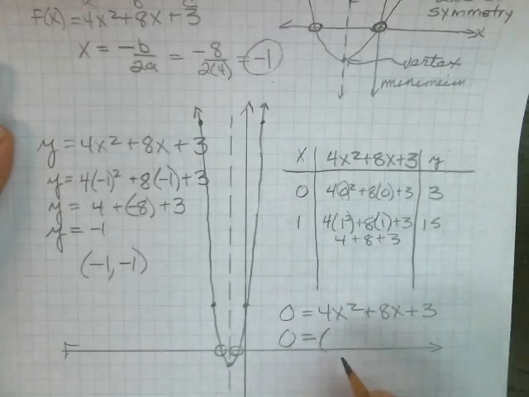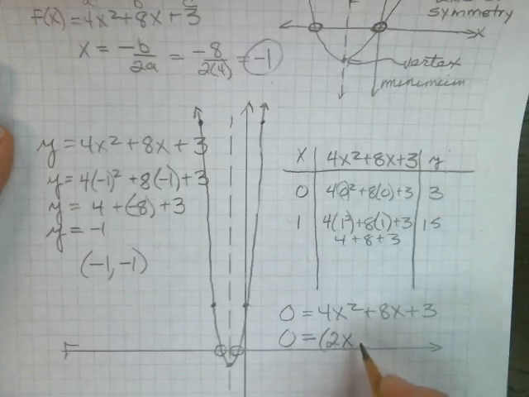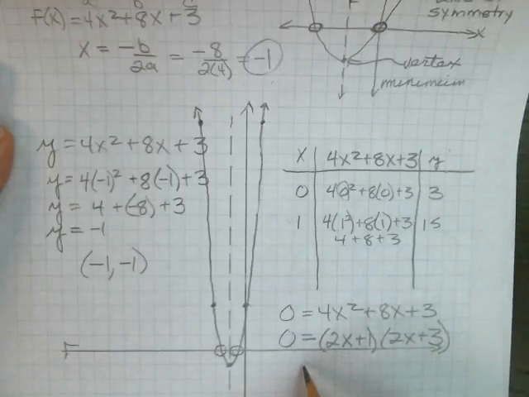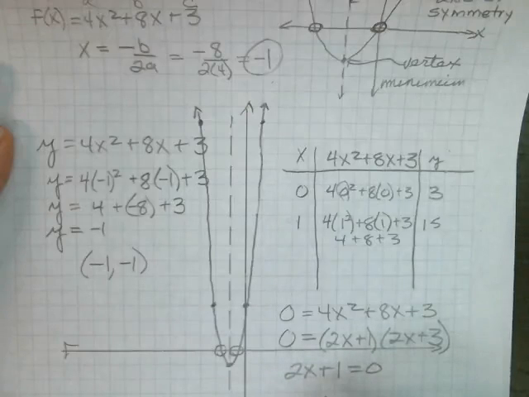And if you play around with that a little bit using our factoring techniques, it factors to 2x plus 1, 2x plus 3. I know I can find the value of x on both of these if I set these each to 0 and then solve. I subtract 1, I get 2x is equal to negative 1, divide by 2, divide by 2, I get x is equal to negative 1/2.